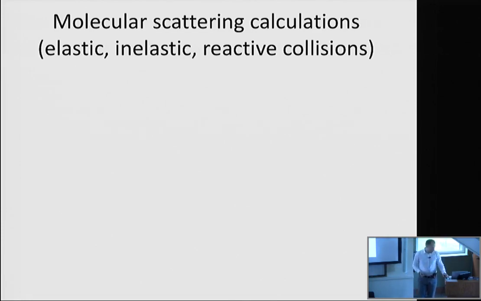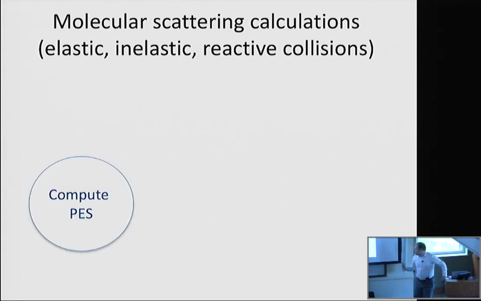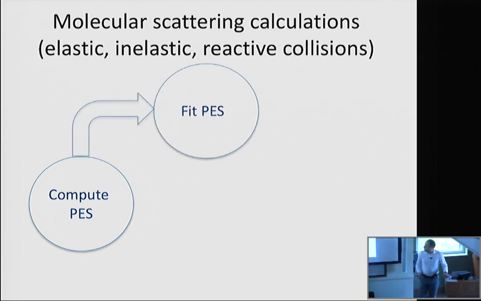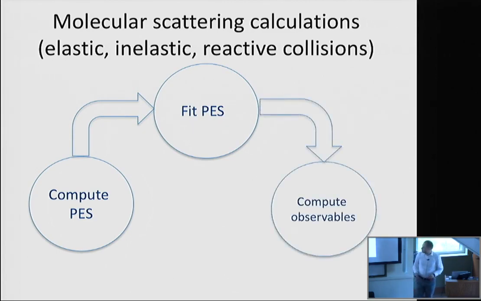Generally, all of the molecular scattering calculations that we've talked about over the past couple of days start with computing the potential energy surface for the molecular system, the collision complex of interest. Then this surface is generally fitted to some analytical form, and that fit is then used in a quantum dynamics code to compute the observables.